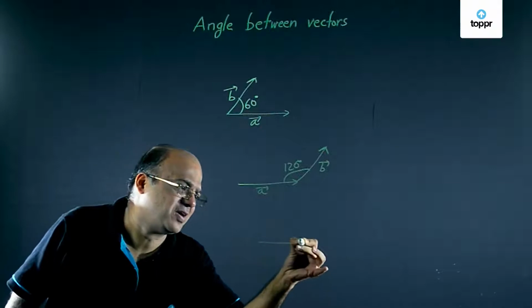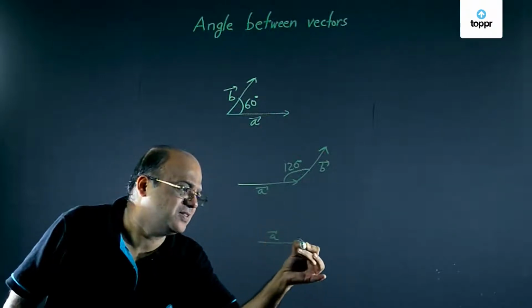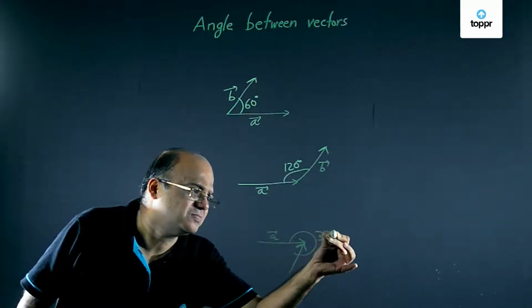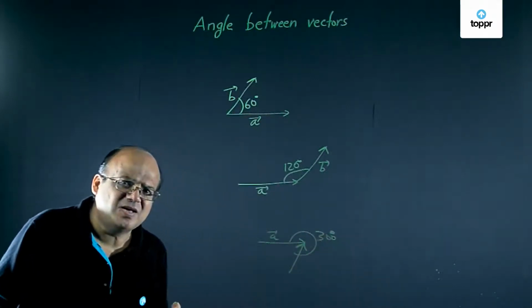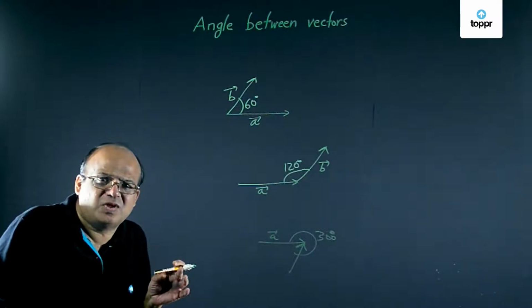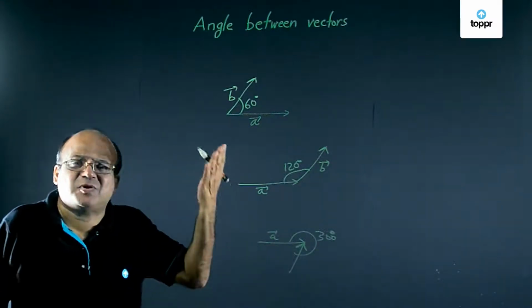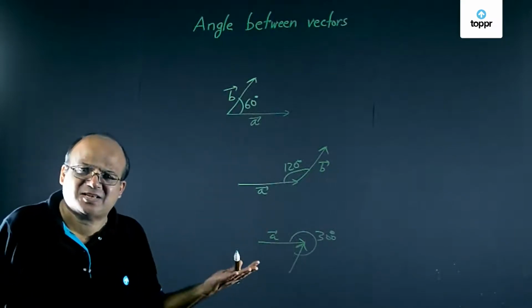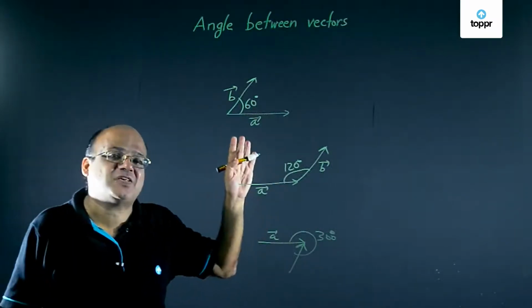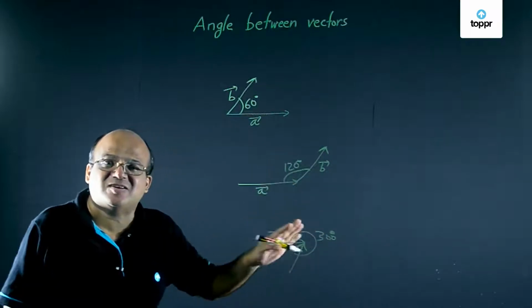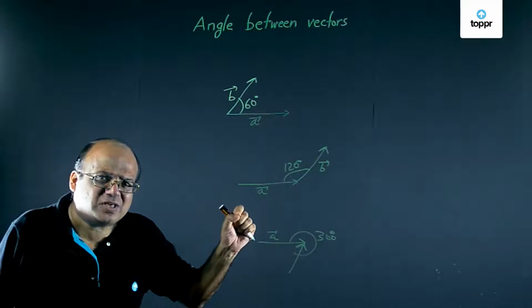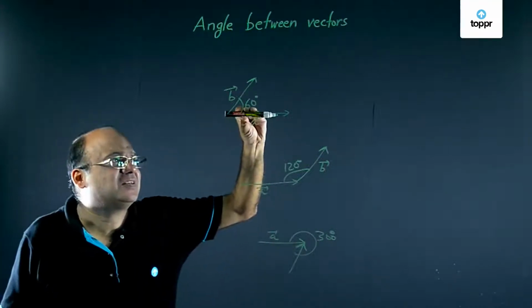This is some A vector again, this is B vector, and angle is 300 degrees. So now if I ask you, what are the angles between the vectors in the three cases? First case you will say 60 degrees, second case you will say 120 degrees, and third case you will say 300 degrees.